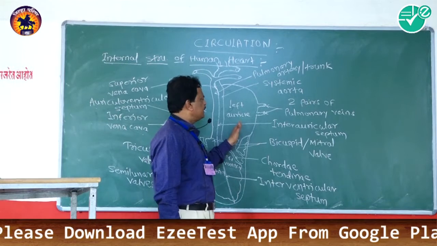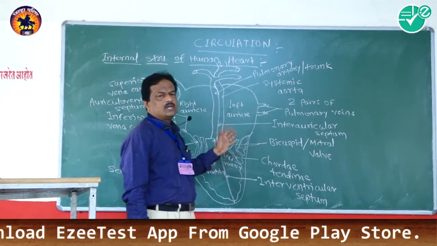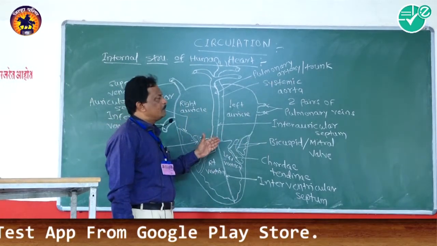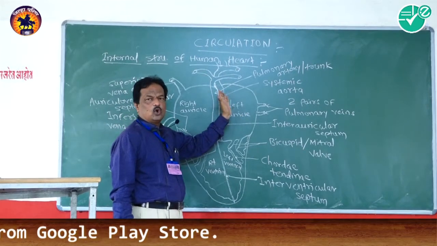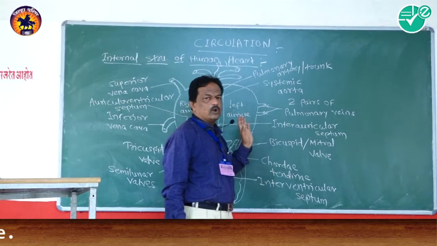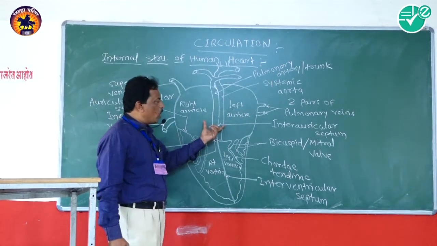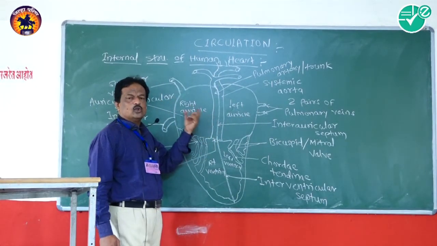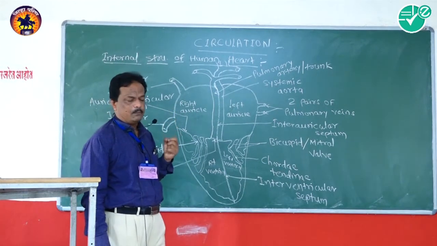At the same time, the left auricle receives the pure or oxygenated blood coming from the lobes of lungs with the help of two pairs of pulmonary veins. And that's why the auricular chambers are known as receiving chambers.